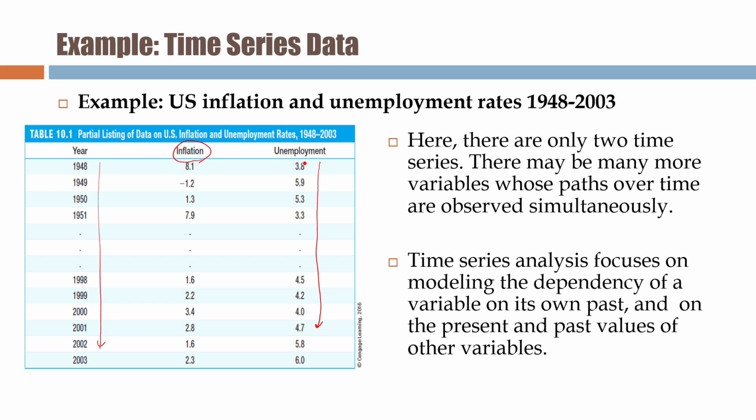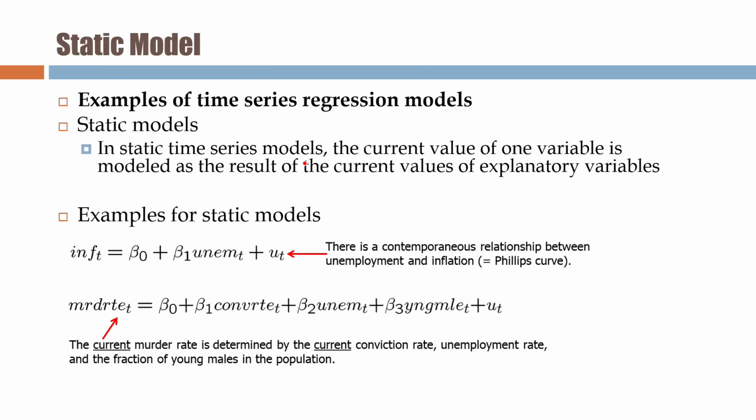So our time series analysis focuses on the dependency on the past or present. This is more about time, not variable by variable. Can we make a regression with past data as an independent variable? This is an example.